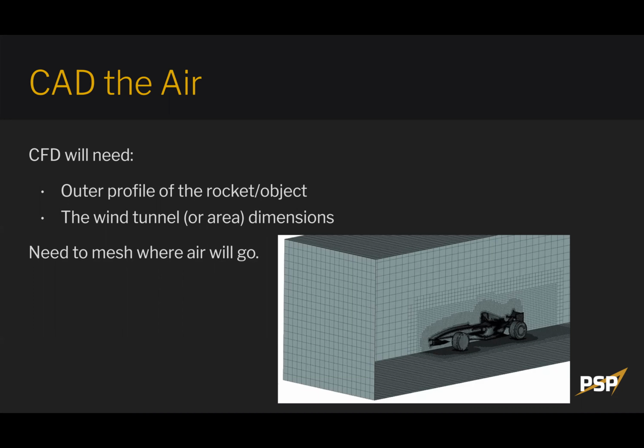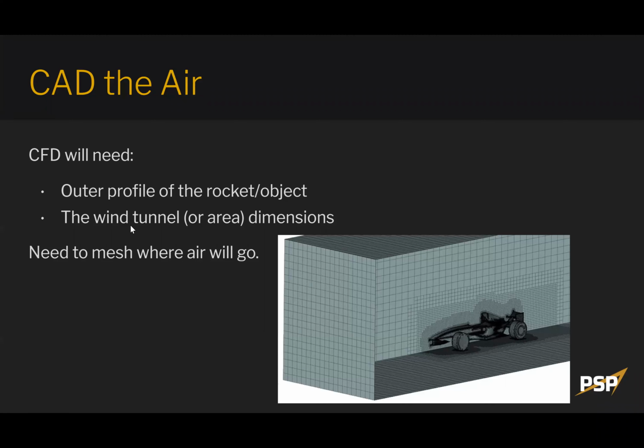A big part of CFD, kind of the main way it's different from FEA, is that you CAD the air. You don't CAD the inside of your Formula One car. You don't CAD the inside of the rocket. You CAD the outside air, and then you solve for each point there, each point of the air. Basically, you can kind of think of it as a massive wind tunnel.